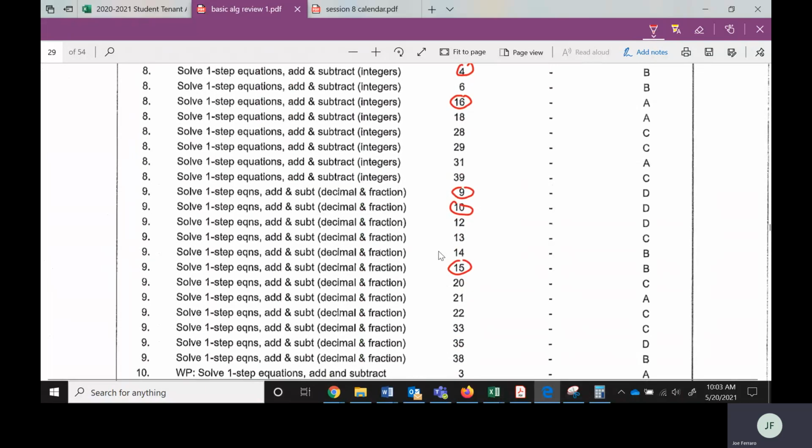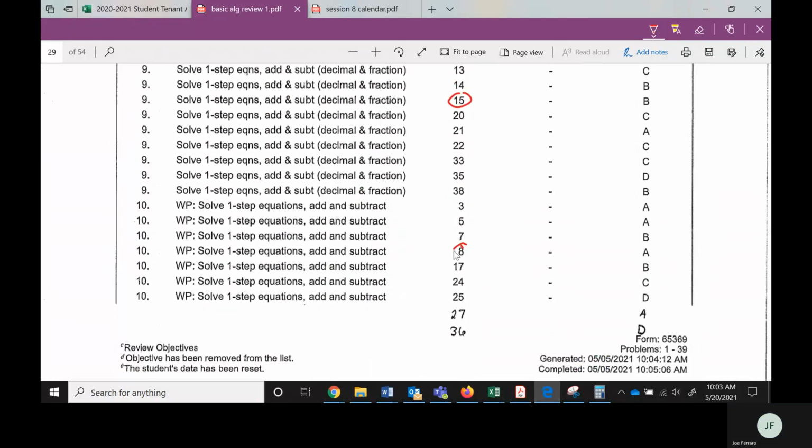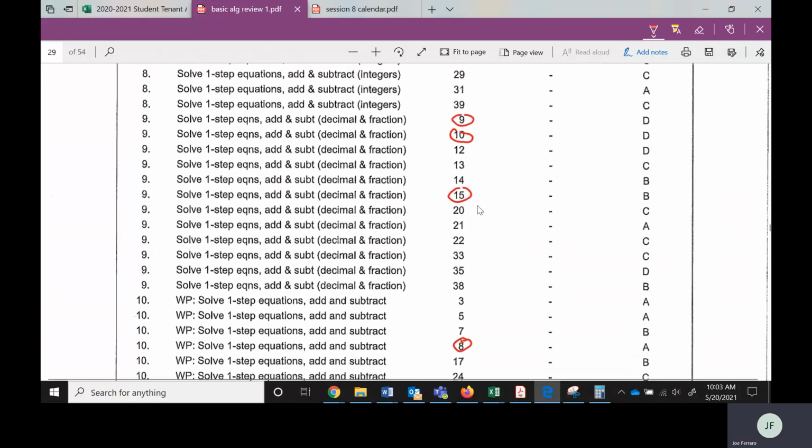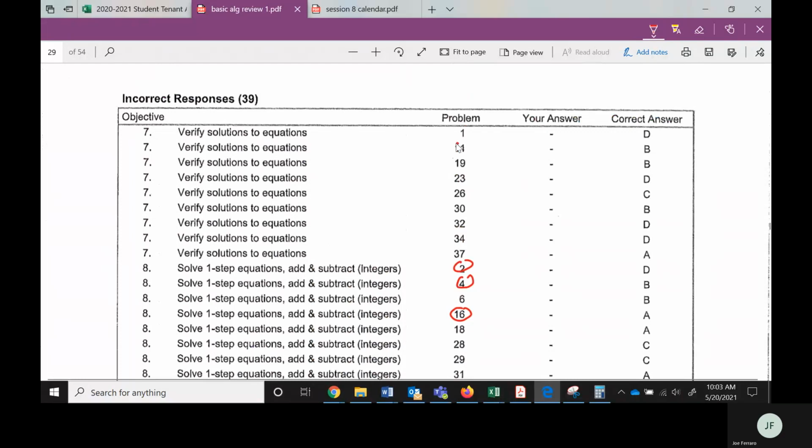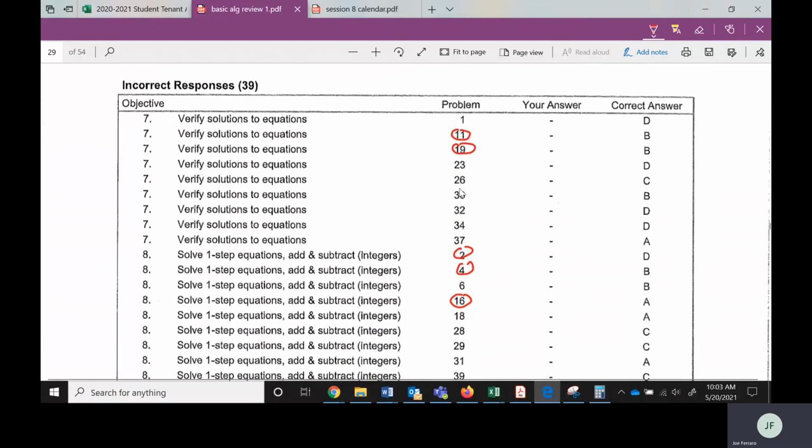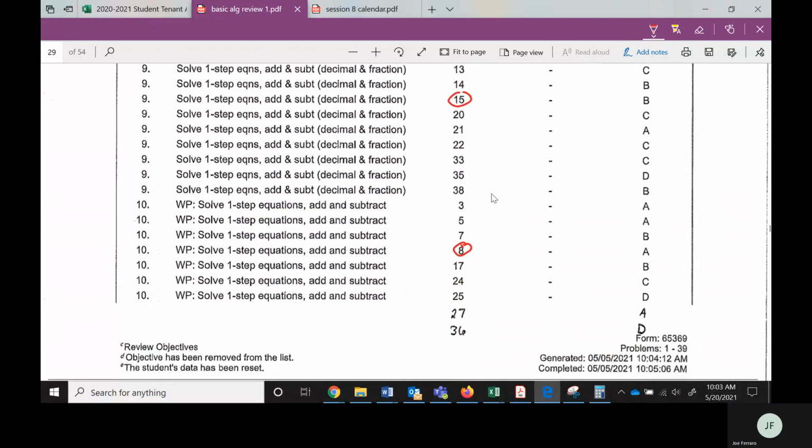We did 8, 11, 19, and then 3, 5, and 17.